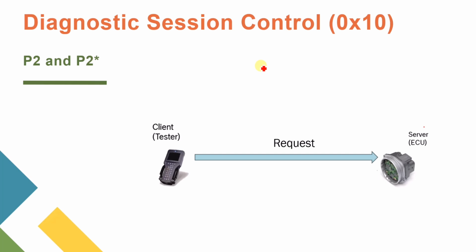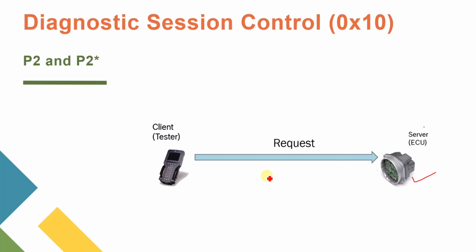Now I have already sent a request. Then it is the server's responsibility to send a response, whether positive, negative or a pending response. We should receive that within the specified time.